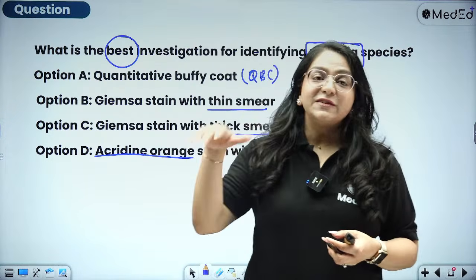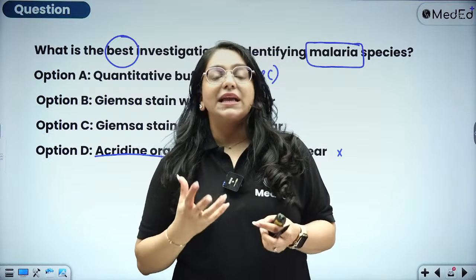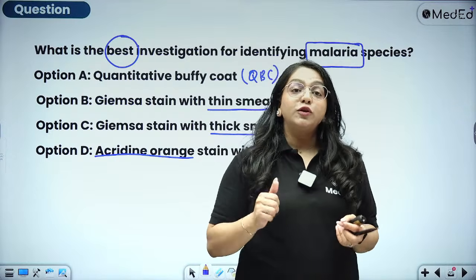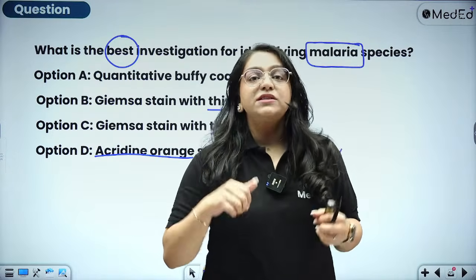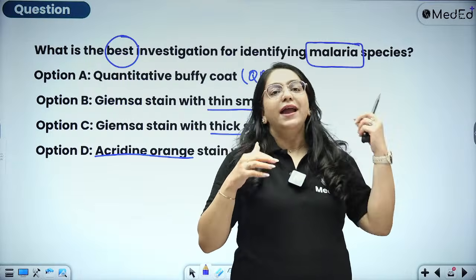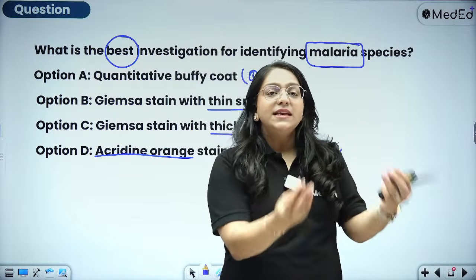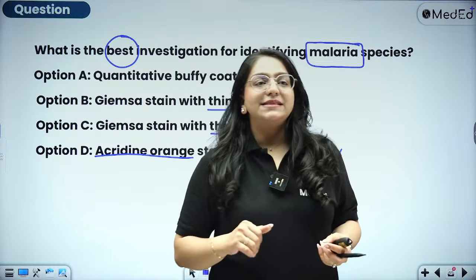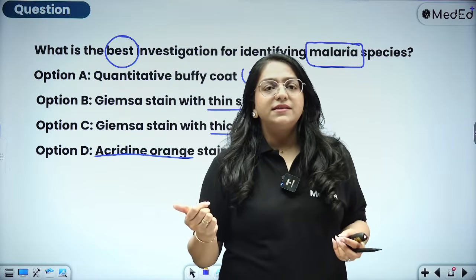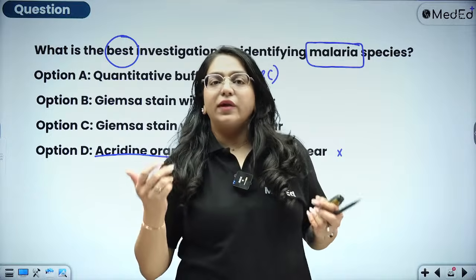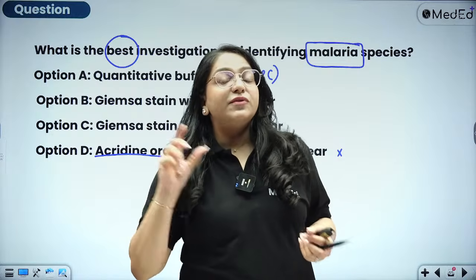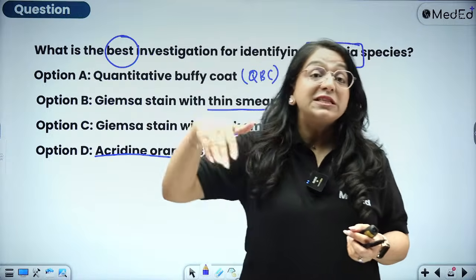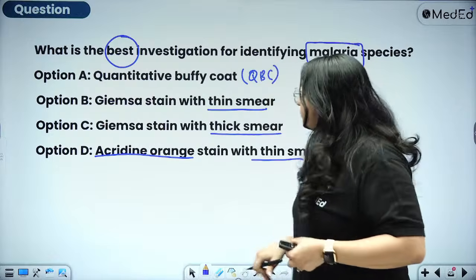Secondly, all of these fluorescent dyes and fluorescent microscopy techniques are associated with a lot of false positivity, because you need a trained eye to tell you whether the fluorescing substance that you are seeing is the parasite or any artifact which had entered inside your slide. So it is very difficult to differentiate between artifacts and parasites. False positivity is very, very high.